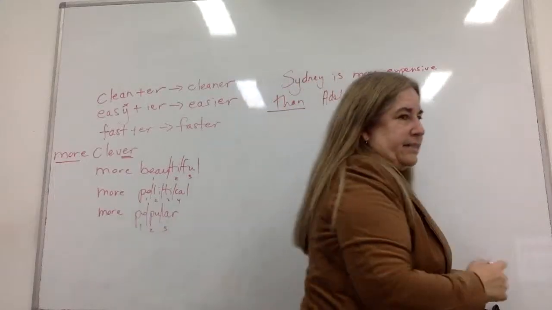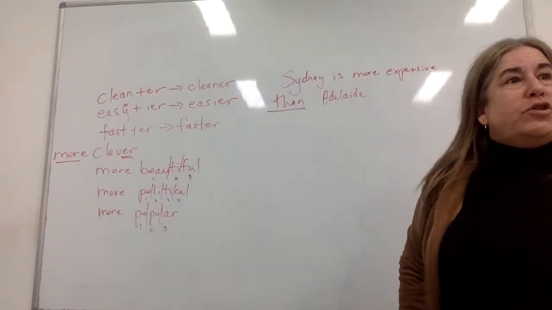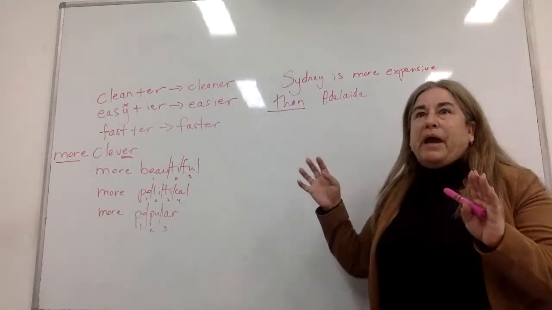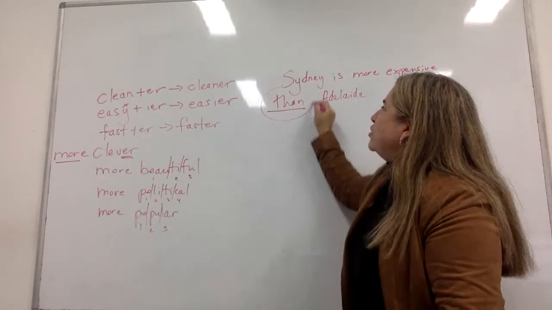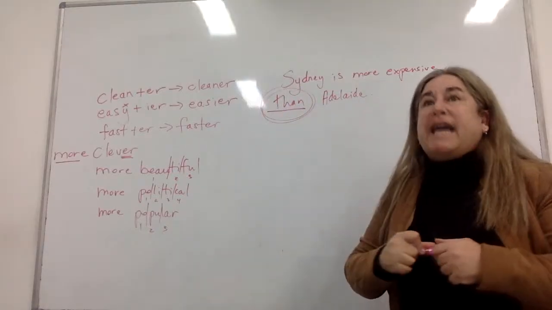Yeah, to say something. To be able to compare, to be able to consider this as a comparative, you must always use than, or at least some of the context.